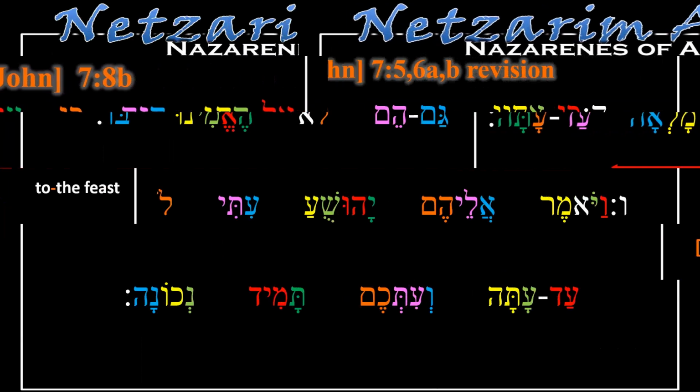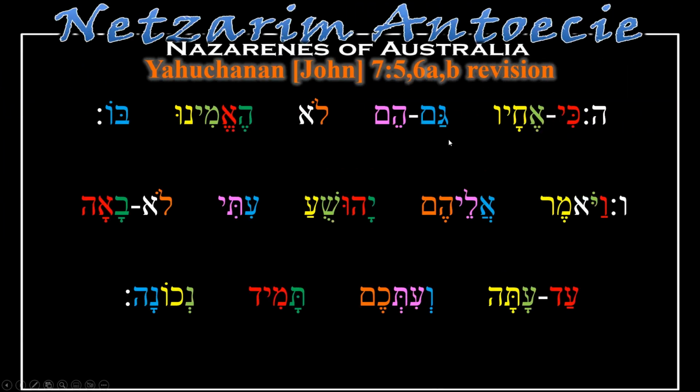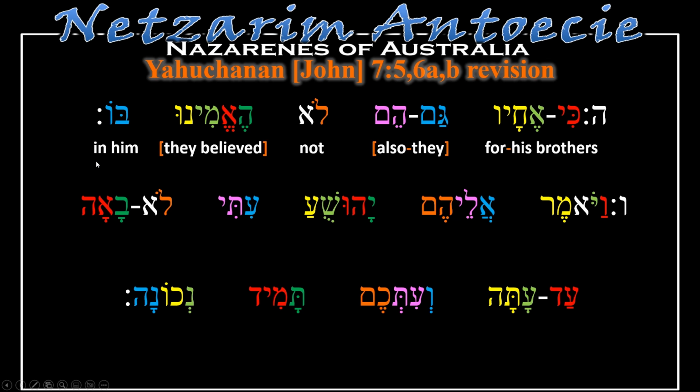And so now we're coming to our revision. And we see we've got a hey. Now we know that hey is the fifth letter of the alphabet, so we know we're in verse 5. Ki, for, echav, his brothers, gam, also, hem, they, lo, not, he'eminu, they believed, bo, in him.